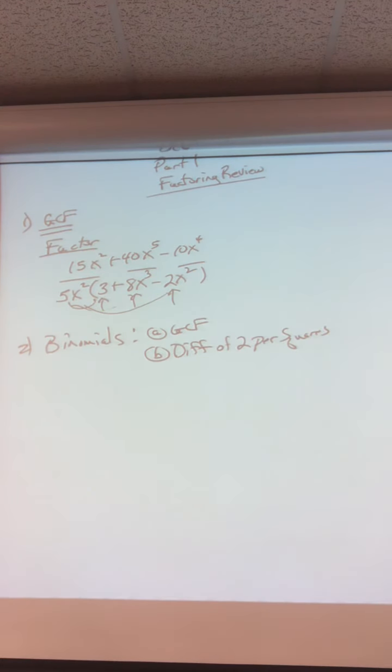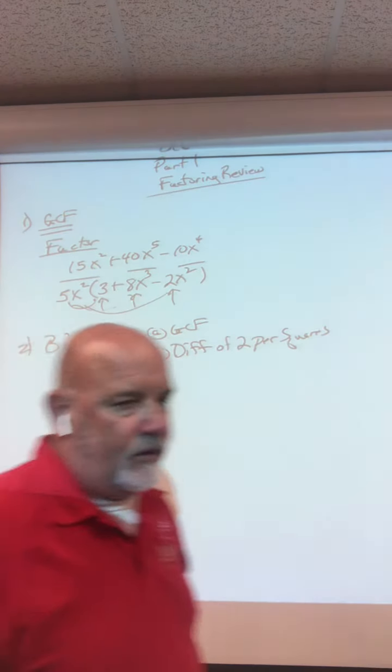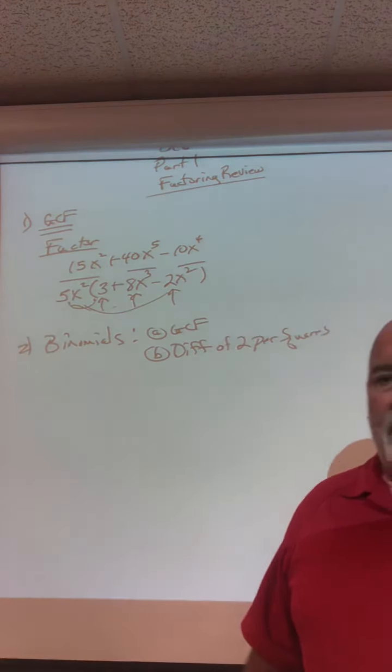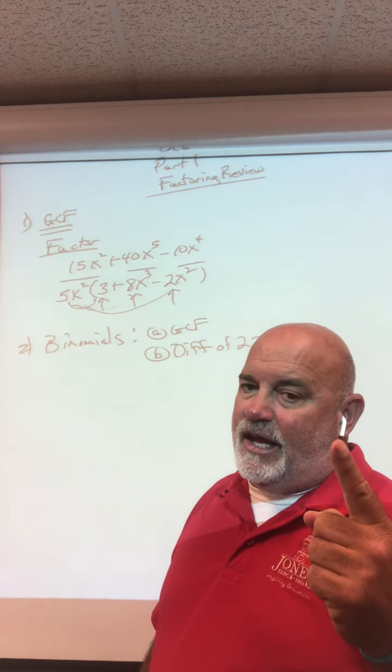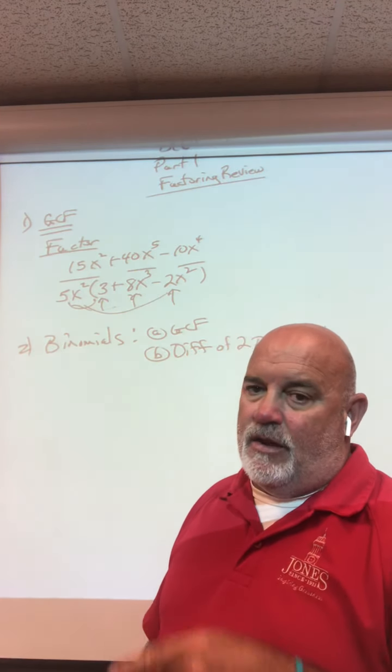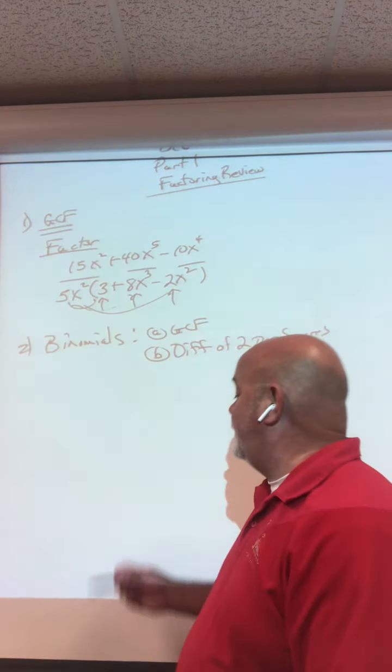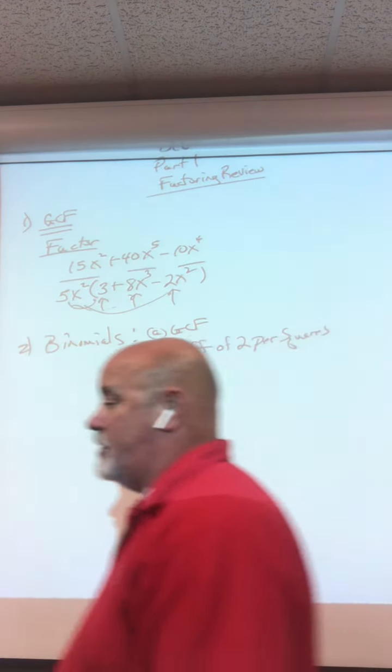Now, there's a third one also that we look at in intermediate algebra that we're not going to look at in here. So when you look at a binomial, you ask yourself two questions. Does it have a GCF? If it does, bring that out. And the second question is, is it the difference of two perfect squares?